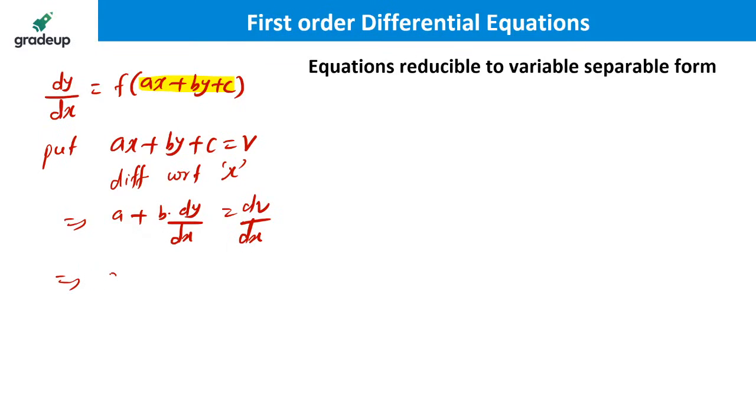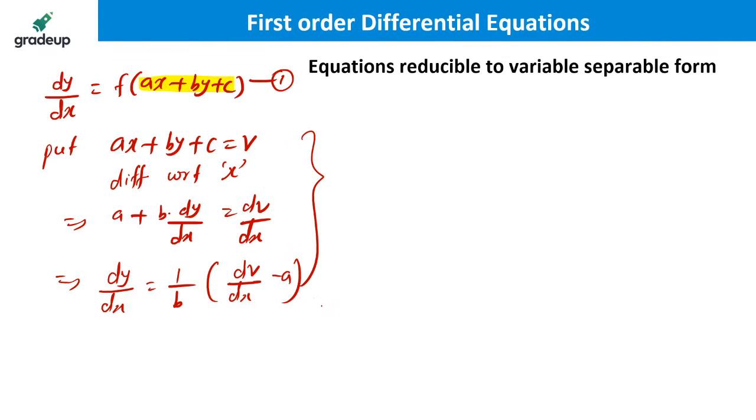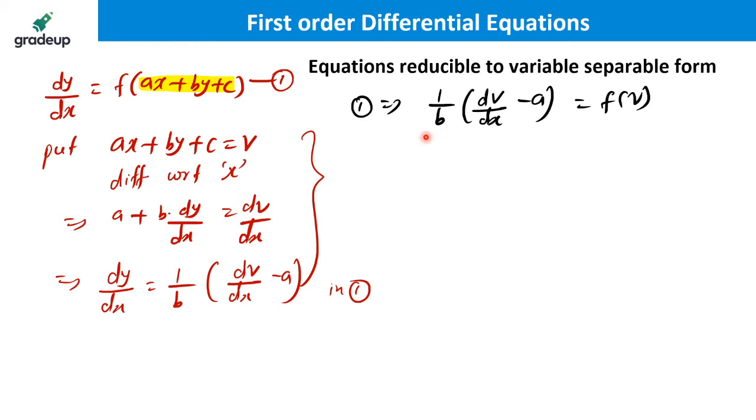From here we can find dy by dx equal to 1 upon b times (dv by dx minus a). Let us say this is our equation number 1, and you have to put all this in equation 1. So equation 1 will give you 1 upon b (dv by dx minus a) equal to a function of v. And now you can separate the variables and integrate both sides.